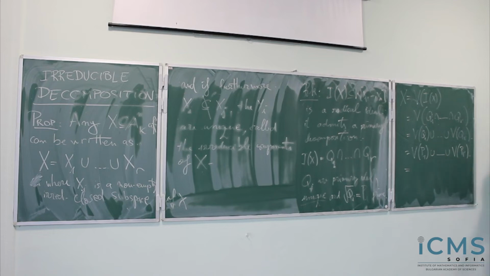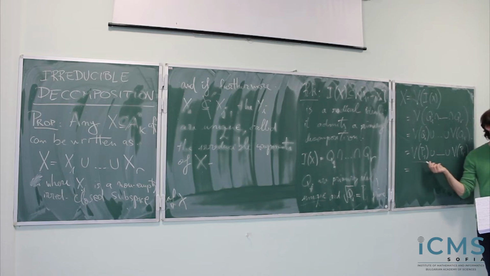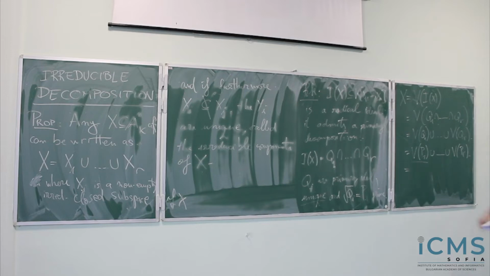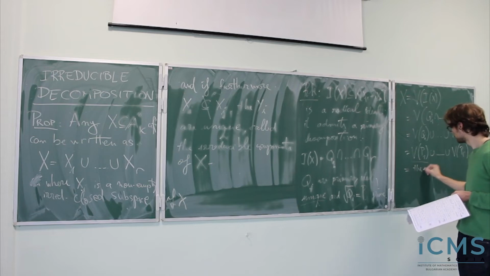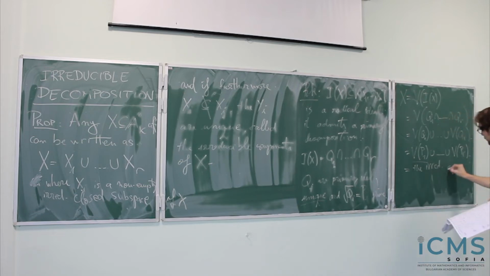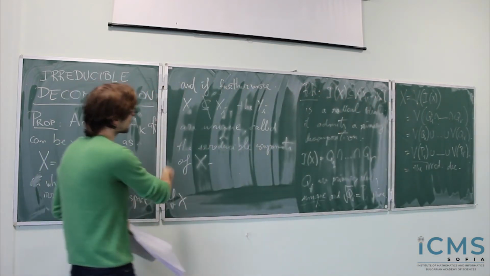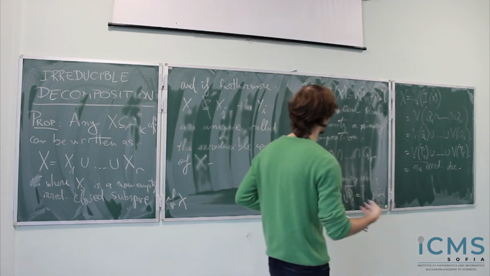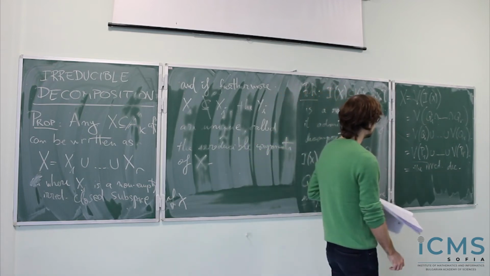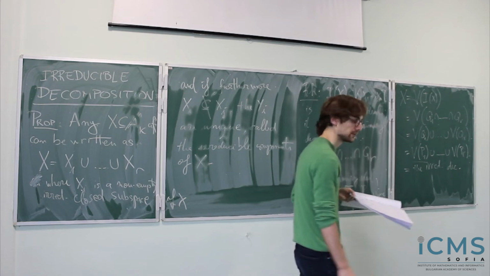And this is actually already our irreducible decomposition, because the zero locus of a prime ideal will be irreducible. So we have a union of irreducible subsets that is equal to X. So this is the irreducible decomposition. So again, the topology or geometry, depending how you think, corresponds to something very algebraic.